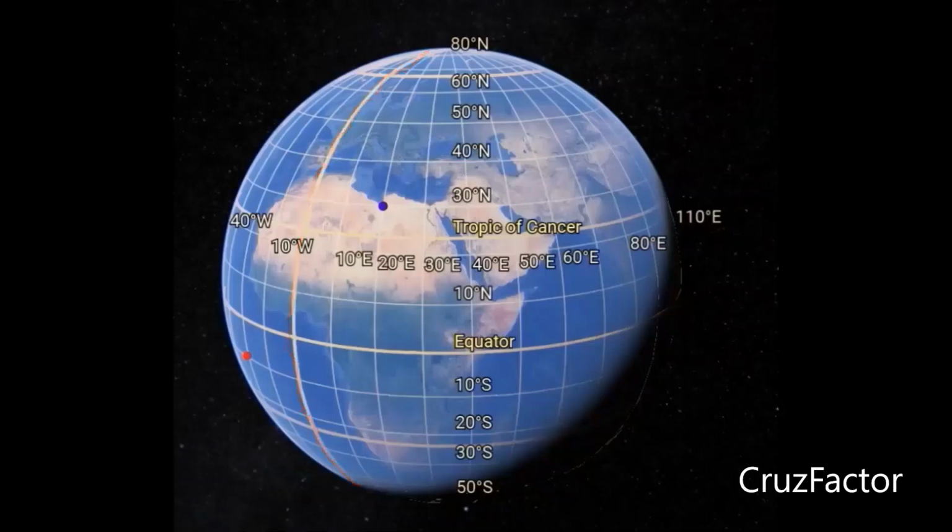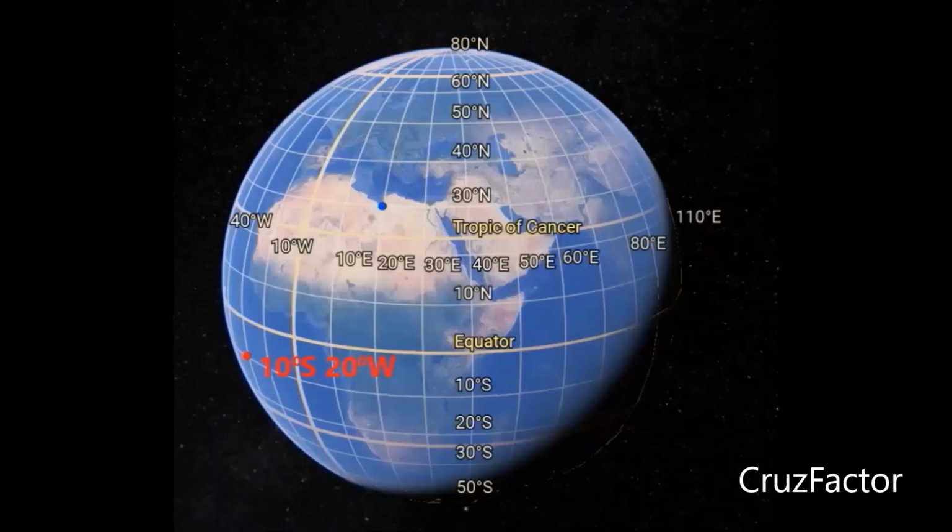So we start with 0 here, and then move 10, and then 20. And it's west, so that would be 20 degrees west. So my answer here then for the red dot here is 10 degrees south and 20 degrees west.